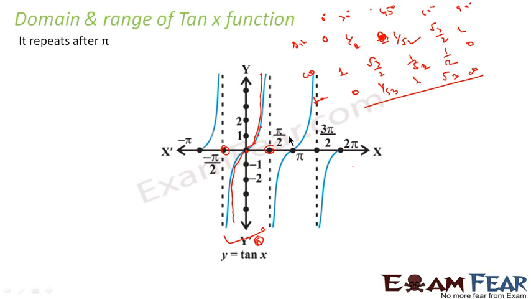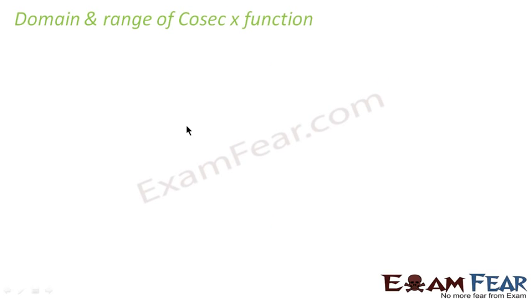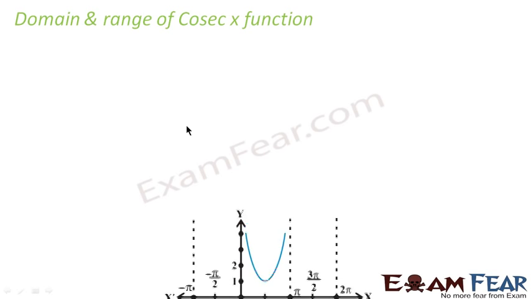Also, the range is minus infinity to plus infinity. The minimum is minus infinity and the maximum is plus infinity. In the case of sine and cos, the range was minus 1 to 1, and here it is minus infinity to plus infinity.